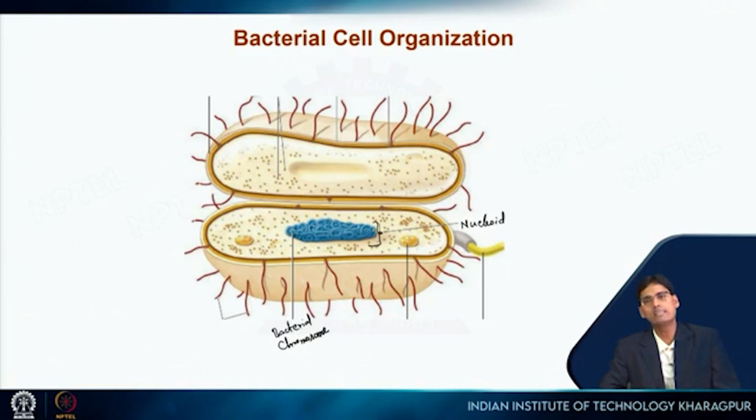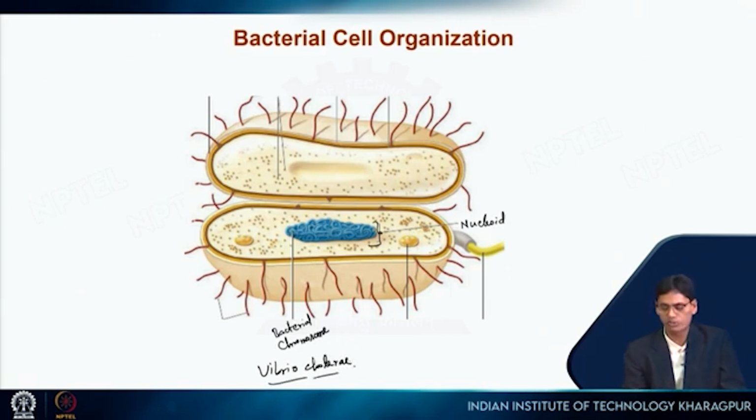Here I should mention that almost all bacteria have a circular chromosome and just one in number. Some exceptions are there. For example, Vibrio cholerae has 2 chromosomes. This is just an exception.